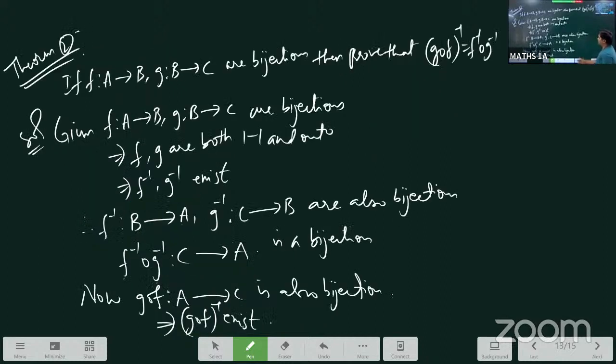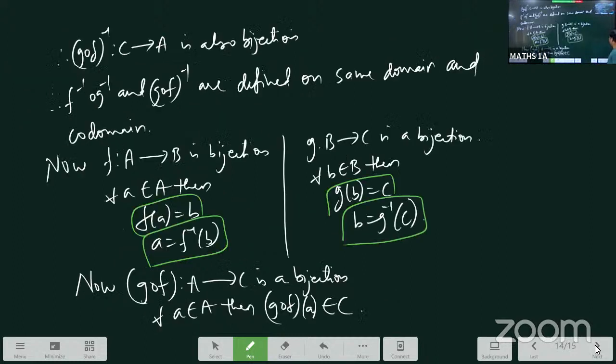I told you already that G circle F whole inverse exists, and G circle F whole inverse is mapping from C to A and is also a bijection. Now F inverse circle G inverse and G circle F whole inverse are defined on the same domain and codomain. F is mapping from A to B and is a bijection, and for every a belongs to A, F of a equals b, a is equal to F inverse of b.